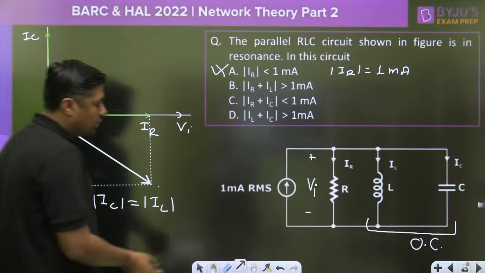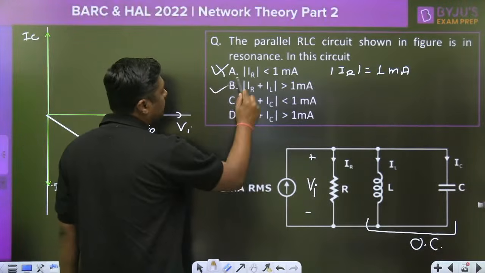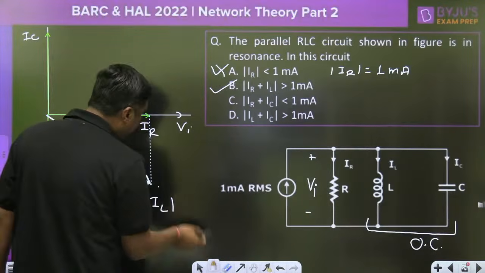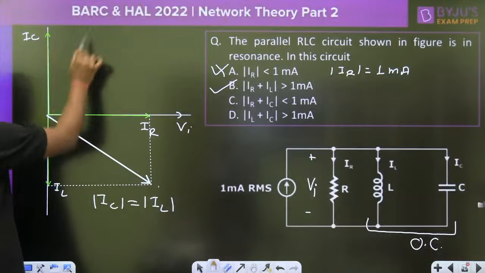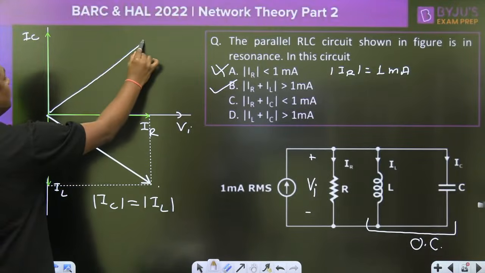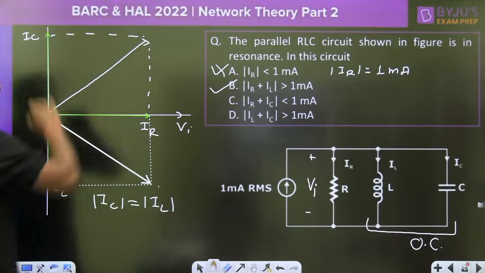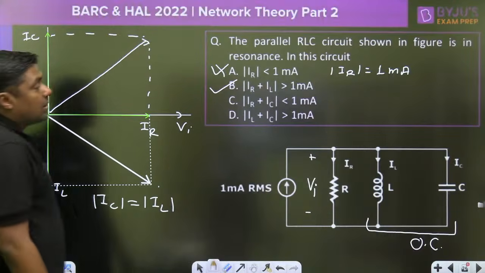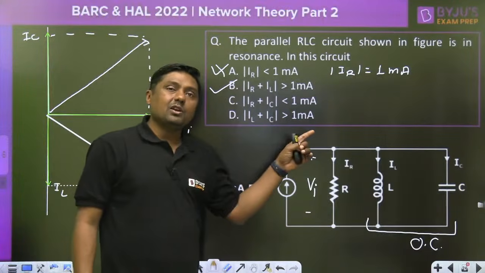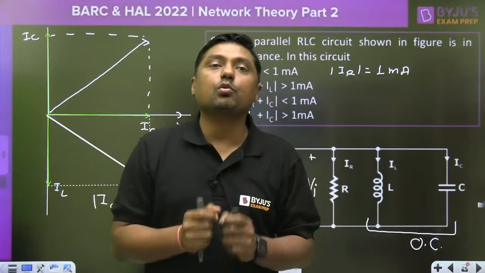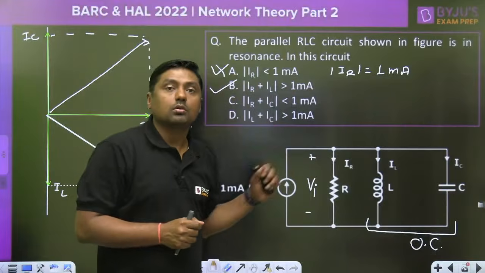Definitely it will be greater than 1 milliampere, and that's why that is correct. IR plus IC less than 1 milliampere. No, it is also greater than 1 milliampere. Similar reason, this is also greater than 1 milliampere. IL plus IC greater than 1 milliampere. They will cancel each other. That is zero. The magnitude of IL and IC is equal to 0, and that's why this is also wrong.